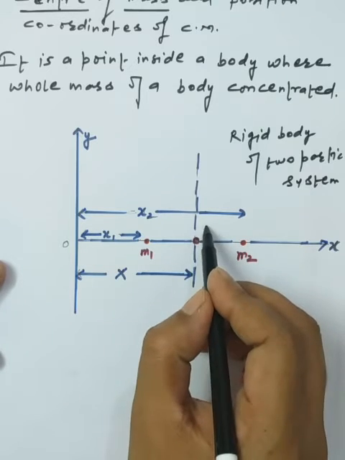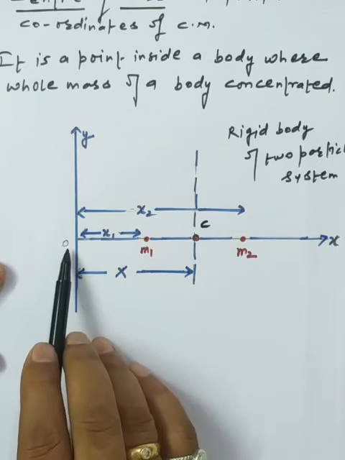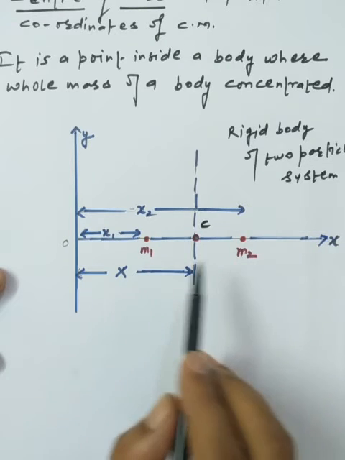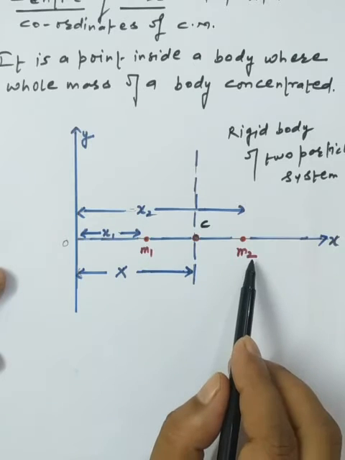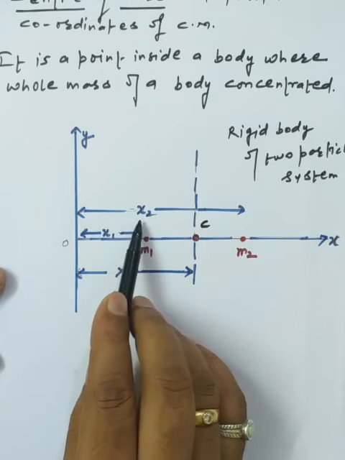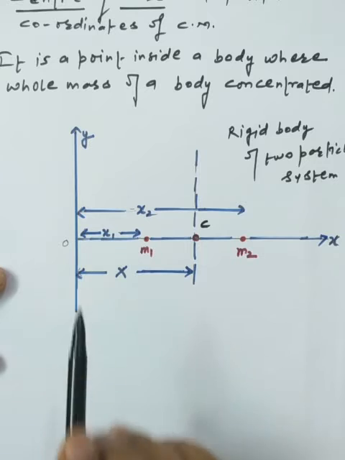This is the center of mass. Okay, now it is at a distance x from the O, and the two particles lie on the right hand side and the left hand side of the center of mass. On the right hand side the particle is m2, having the position from O called x2, and m1 has the position from O called x1.